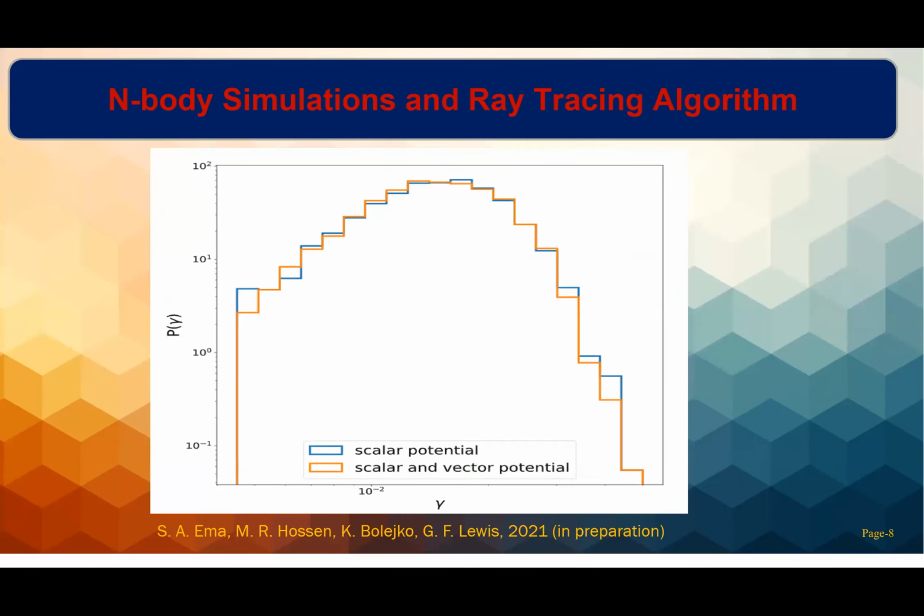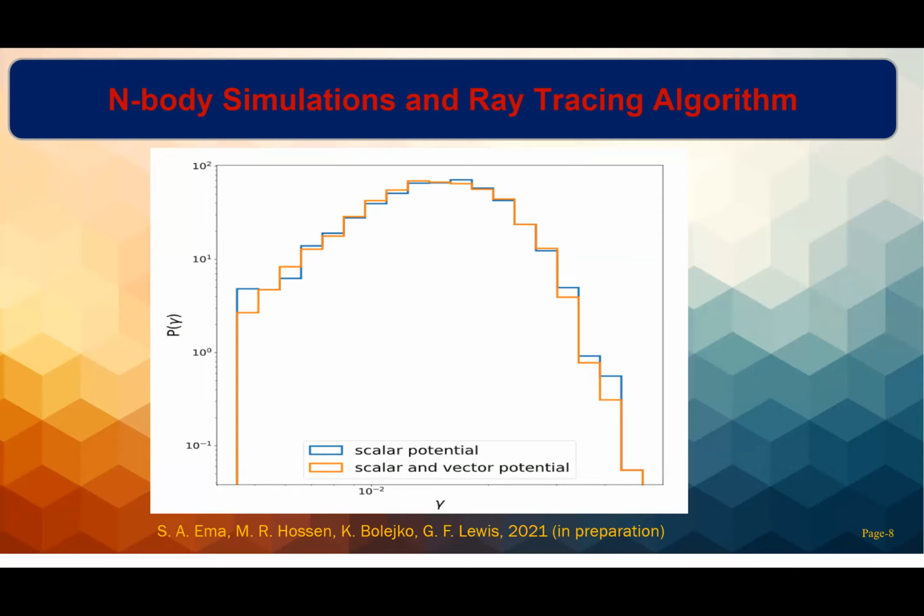For testing purposes, we computed the weak lensing shear by considering only scalar potentials, and by considering both scalar and vector potentials, and plotted the PDF of the shear.